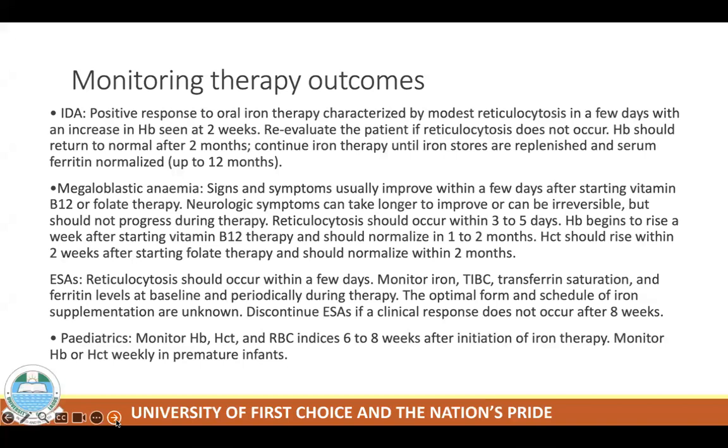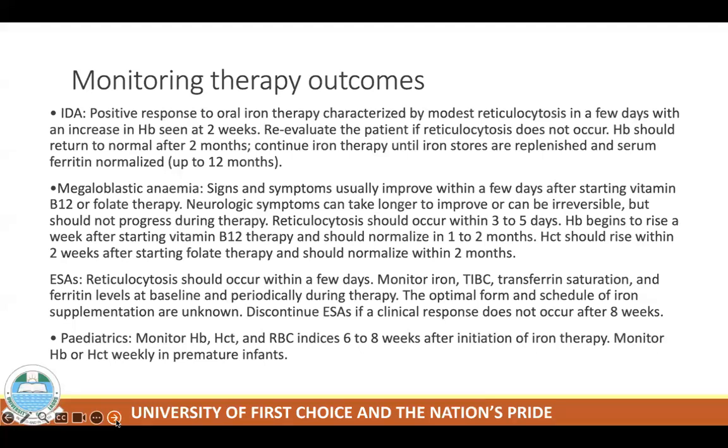For all of the anemias, it's important that you commit to memory how to monitor treatment outcomes for each of the conditions, right? It's an integral part of the therapy outline for patients. So it's important that you note this.